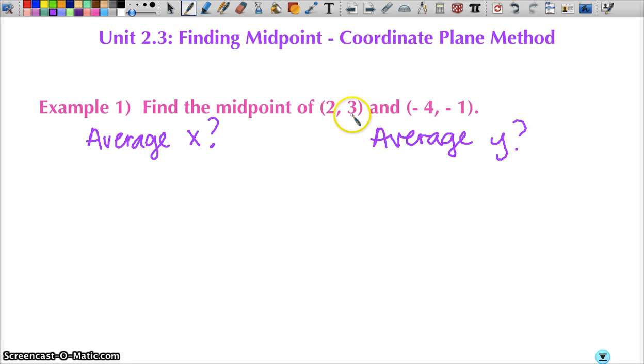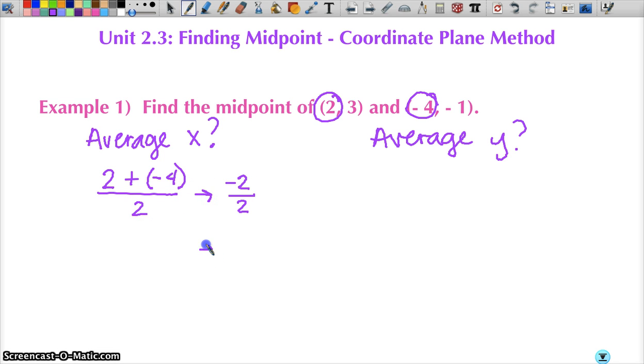So we're going to take our x values of 2 and -4. So 2 plus -4 divided by 2, which would give us -2 over 2, which is -1. So our x coordinate is -1.